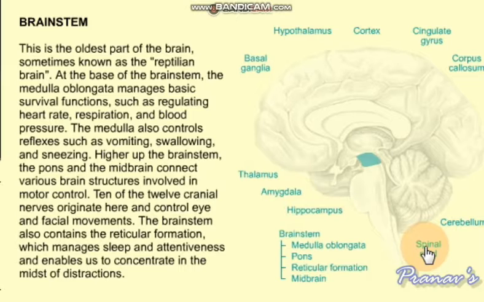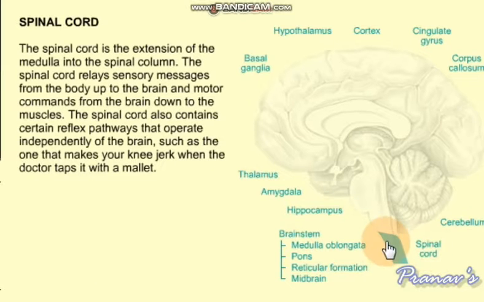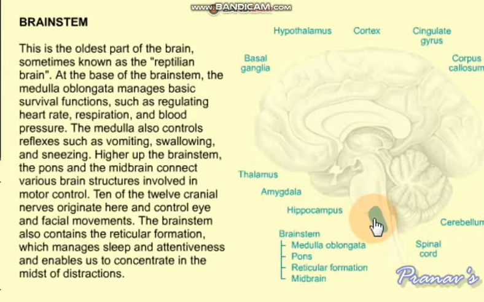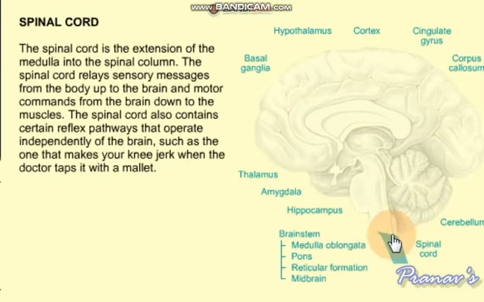Then we have the spinal cord. The spinal cord is the extension of the medulla into the spinal column. Observe the medulla and the spinal cord; it's the extension of the medulla oblongata. The spinal cord relays sensory messages from the body up to the brain and motor commands from the brain down to the muscles.